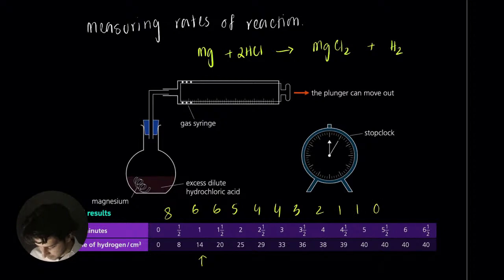Then 1 and 0, 0, 0. This is the amount of gas produced every 30 seconds. You notice early on, a lot of gas was produced, and after that, little gas was produced. Volume is decreasing. Good. You guys get it?